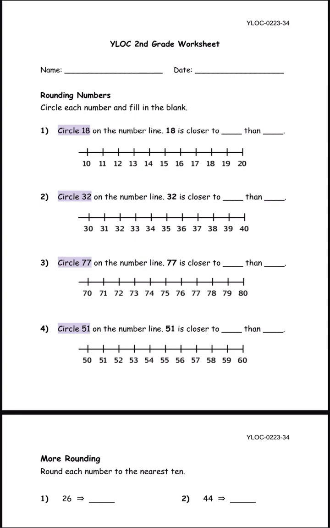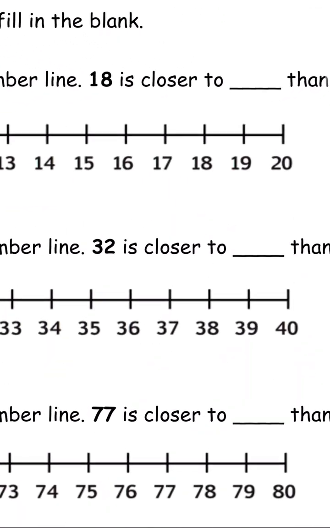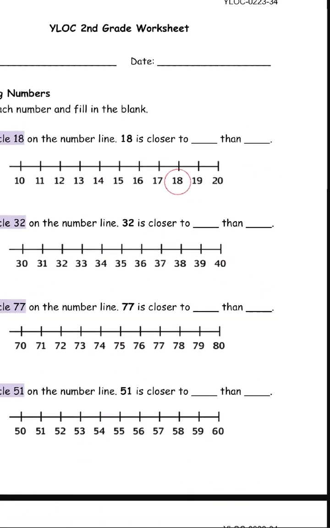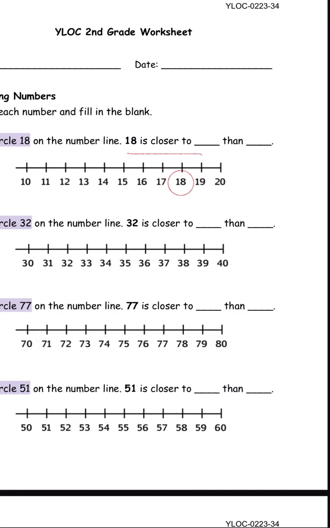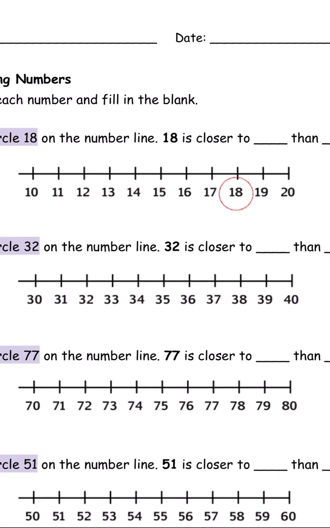So number 1, it says circle 18 on the number line. So let's start with circling number 18, which is over here, right? I'll do it with red over here. Okay. And now it says 18 is closer to, and we have to see if it's closer to 10 or closer to 20.